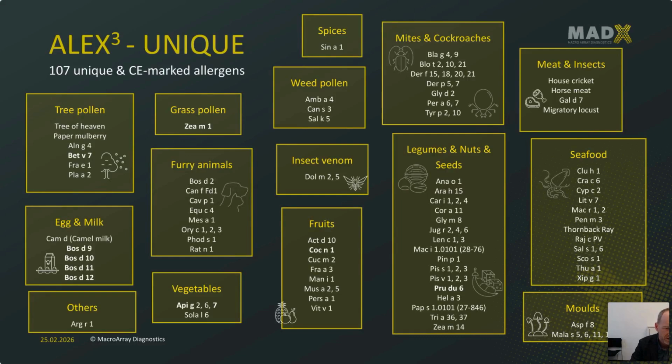We have the plant defensin, APG7 from celery. We have the various casein subfractions, so not only BOST-8, we've included BOST-9 through to BOST-12. We have a cyclophilin from BETV7 and also ZEA-M1, which was a specific request from the South African market, actually, for the corn pollen major allergen.